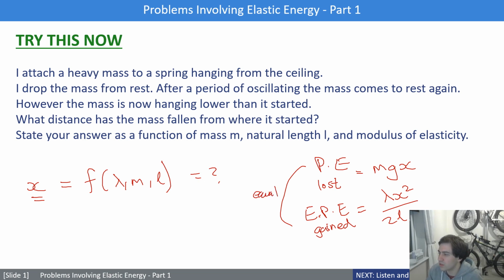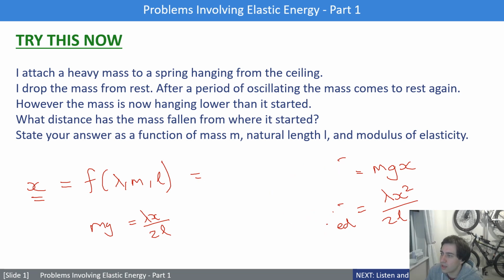Where one has lost, the other has gained, and that tells us that mgx must therefore be equal to lambda x squared over 2l. Let's cancel an x from both sides, multiply by 2l, divide by lambda, and we end up with the following expression. x is going to be equal to 2mgl divided by lambda.